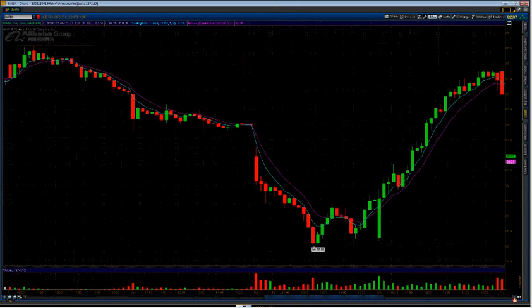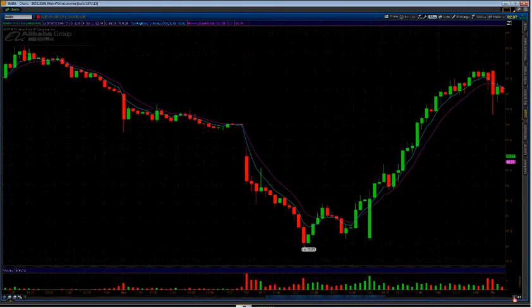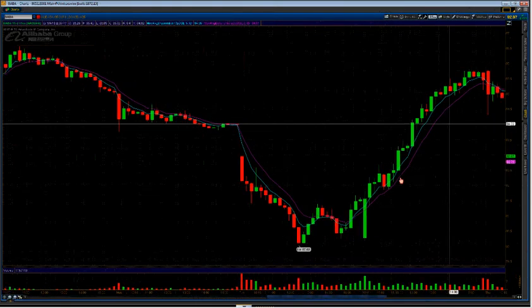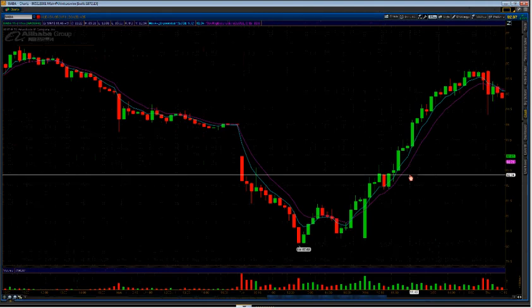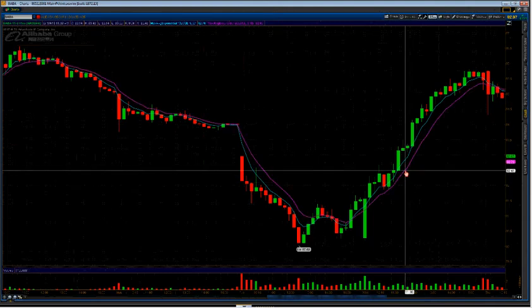But if I wait for it to cross it, still hasn't crossed, still hasn't crossed. There, it crossed it. You see the little bit of importance: to be long, the 9 cannot be pointing down, and to be short, the 9 cannot be pointing up.